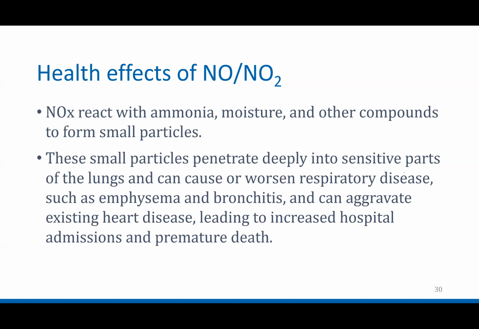So breathing nitrous oxides can lead to a hospital admission or even premature death. Again, carbon monoxide can kill you on the spot. The health effects of nitrous oxide seem to be more long-term and more of a condition that you might be hospitalized for. Very dangerous, very bad gas to be breathing in, but the effects don't seem to be as immediate as, say, carbon monoxide.